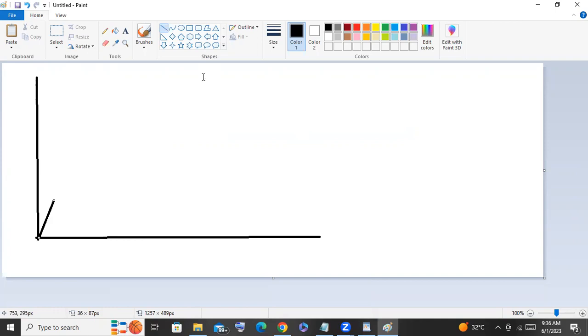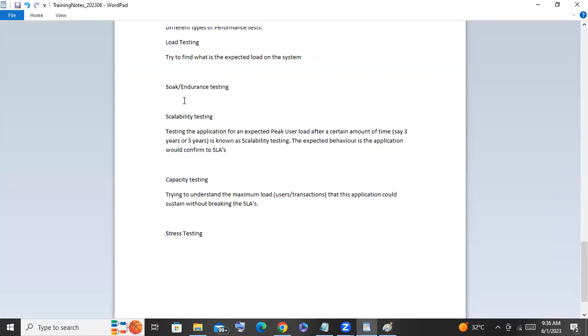See, if the load testing itself has failed, is there a reason to do the scalability testing? The application is not able to sustain 100 users, guys. Why do you want to test it with 200 users? Right. So the load testing has to pass in order to do the scalability testing. And the scalability testing has to pass in order to do the capacity testing.